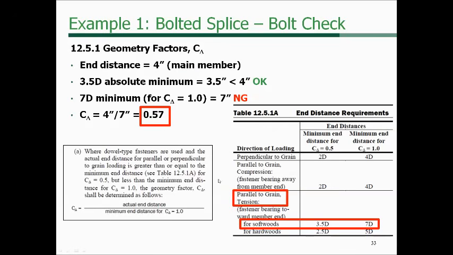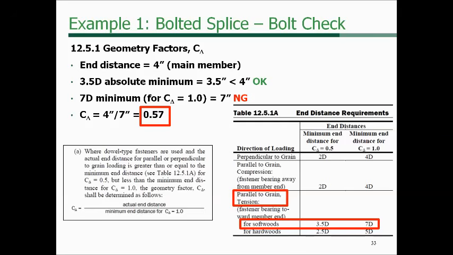So this next one, though, ends up being a reduction for us. So this is the end distance, and we're going to have to look at that cross section. And if you're referring back to the drawing, it's on page 23. You see that we have main members and side members with different end distances.